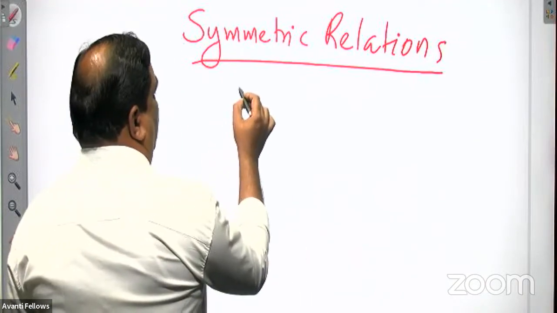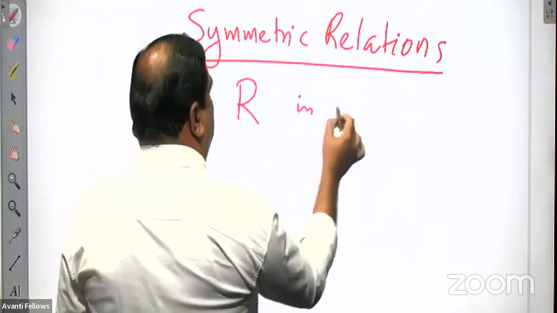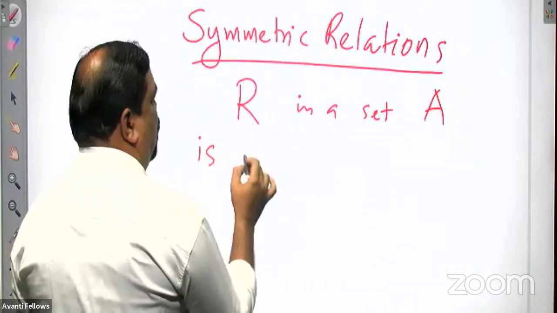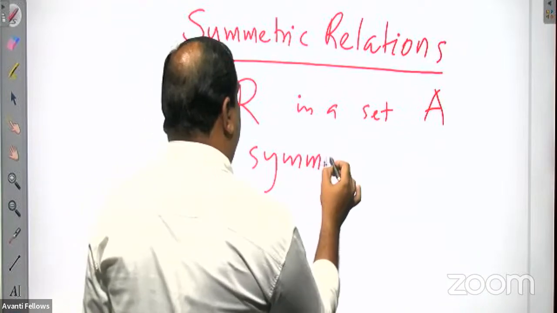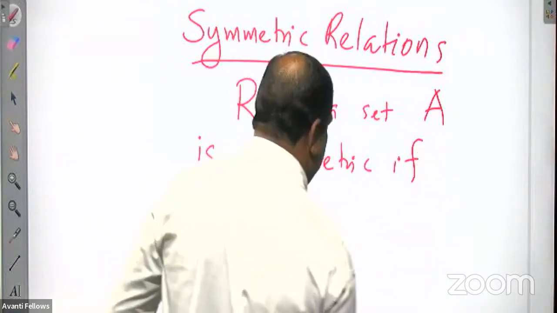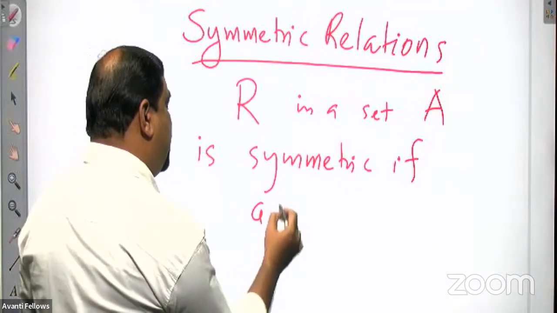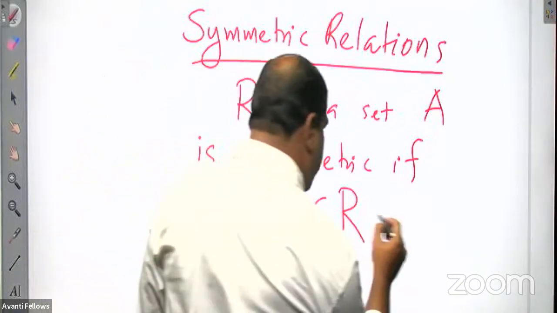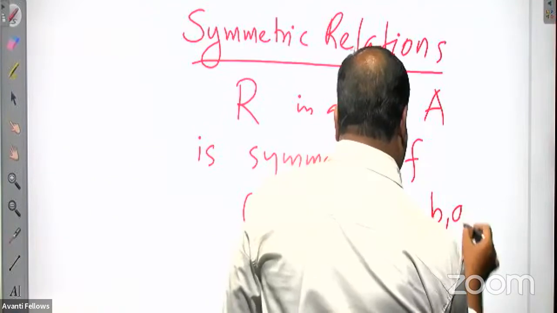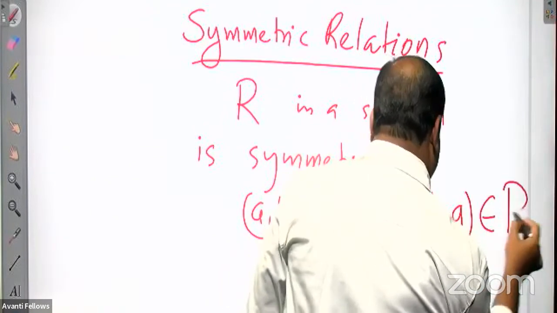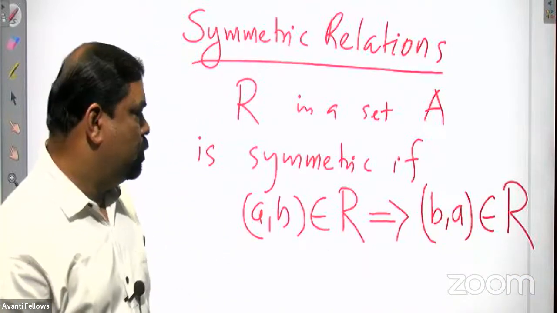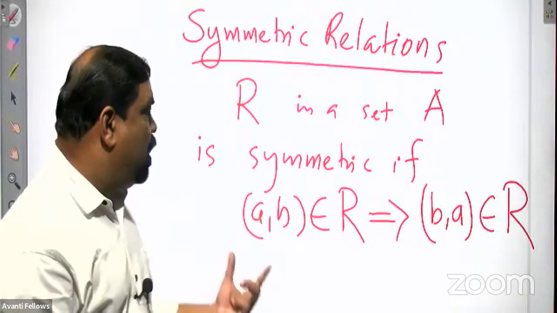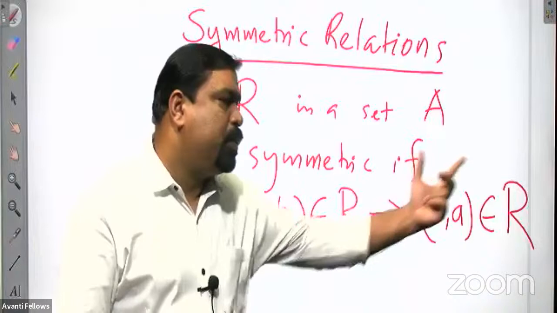A relation R in a set A is symmetric if (a, b) belongs to the relation implies (b, a) also belongs to the relation.